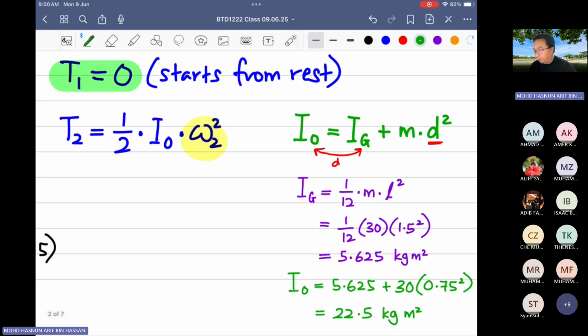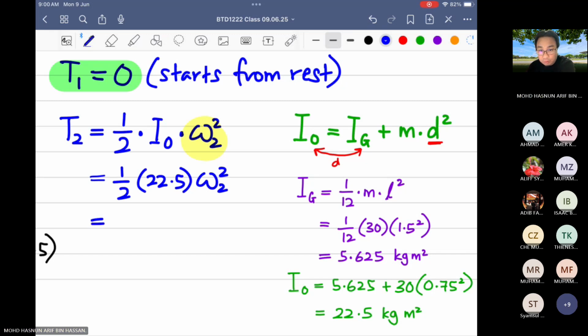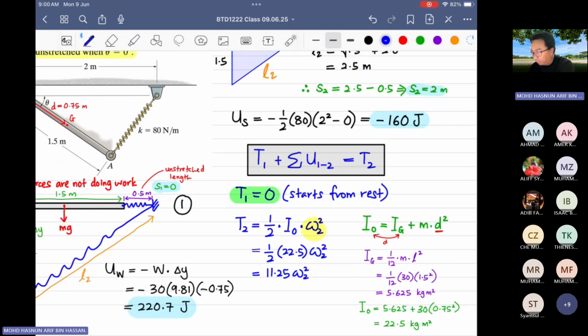Then we can substitute in the equation of T2, which is 1/2 times IO, 22.5, times omega 2 square. So we have T2 is equal to 22.5 divided by 2, you have 11.25 omega 2 square. Omega 2 is the one that we want to find.